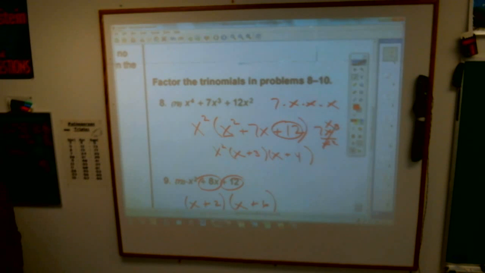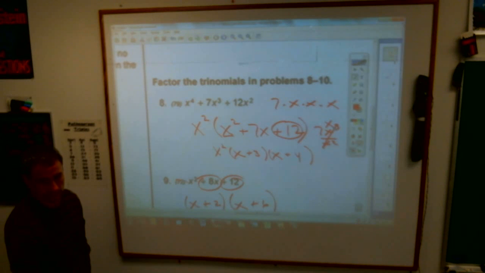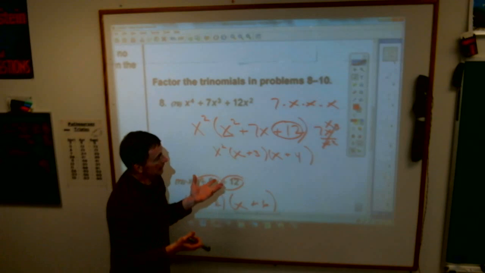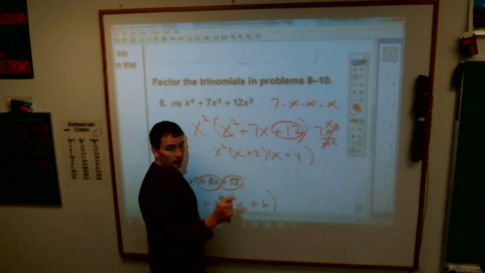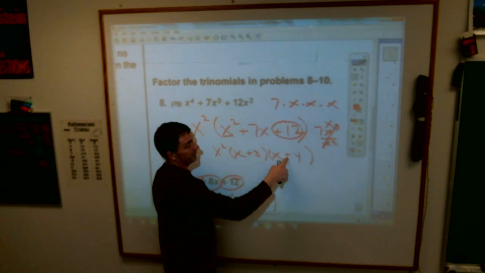Okay, Brian. For problems like 8 through 10, how would you know for sure if you're using subtraction conditions? Well, you look at this, the only way, Kebron, to get a positive number here and a positive number there is for both of them to be positive.